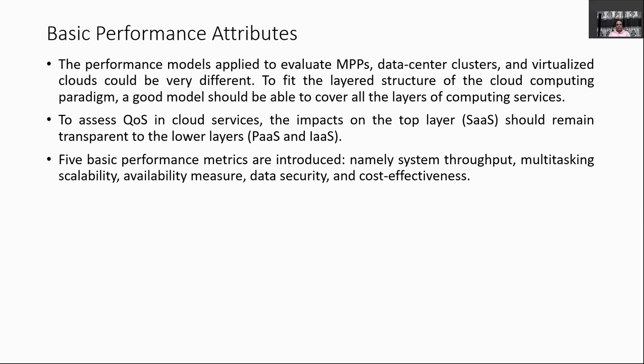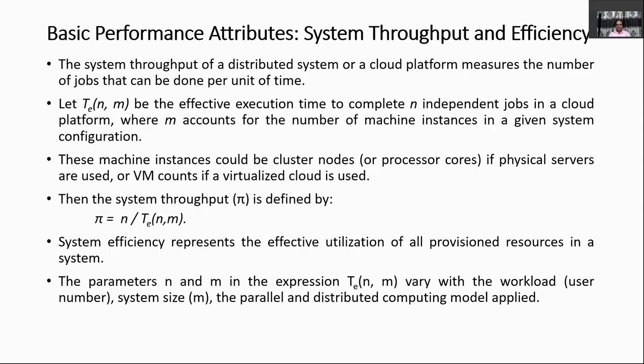To assess quality of service in cloud services, the impacts on the top layer, that is software as a service layer, should remain transparent to the lower layers like PaaS and IaaS. So five basic performance metrics are introduced, namely system throughput, multitasking scalability, availability measure, data security, and cost effectiveness.